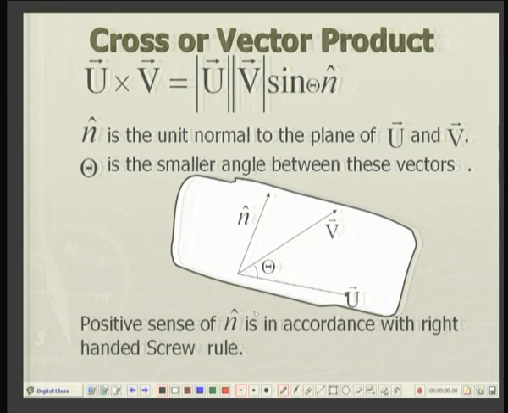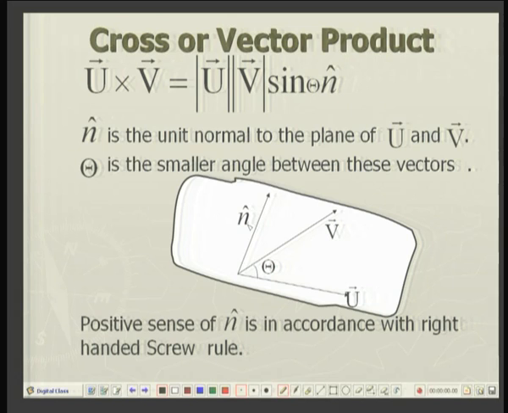The direction is obtained as follows: a unique plane can be passed through vector u and v as shown in this figure. This white is the plane containing both vector u and v, and the normal vector to this plane, that is vector n, is a unit vector which is simultaneously normal to vector u and vector v.